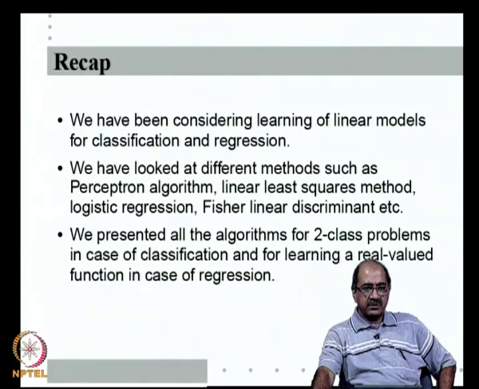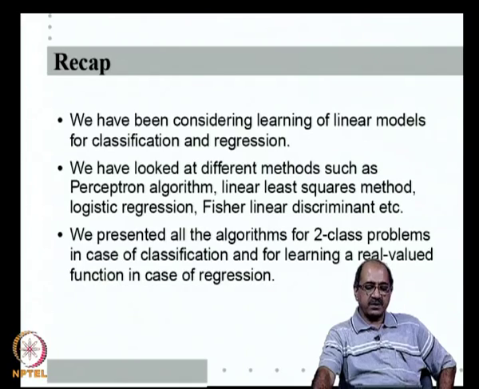And so far we have mostly concentrated on the two class problem. That is, when we presented algorithms for classification, all the algorithms are only for the two class classification problem. Similarly, when we discussed linear regression like least squares, we only considered the case when the target values are real valued. That means we are only learning a real valued function over some arbitrary d-dimensional space.